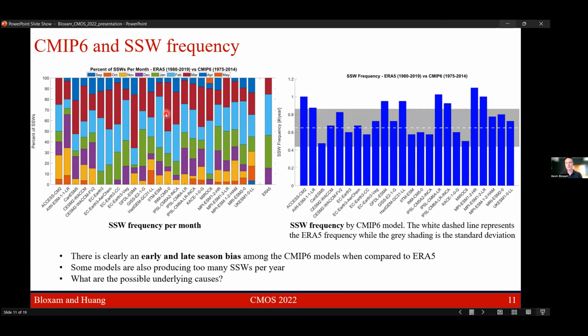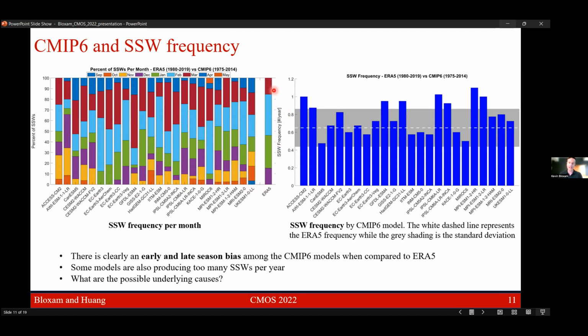In terms of the percent of SSWs per month, if we compare the 24 CMIP6 models on the left here with the ERA5, you can see that there is this early season bias among the models, where in the ERA5, no SSWs are detected prior to December. And then there are quite a few models showing November, October, and even one in September, way too early.